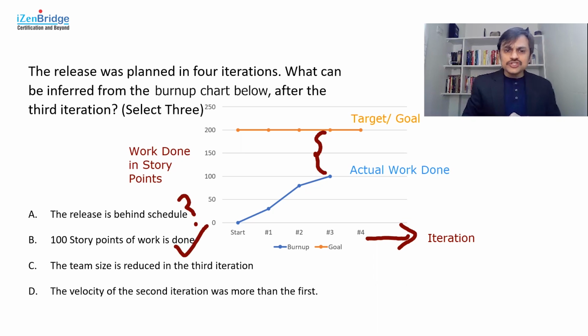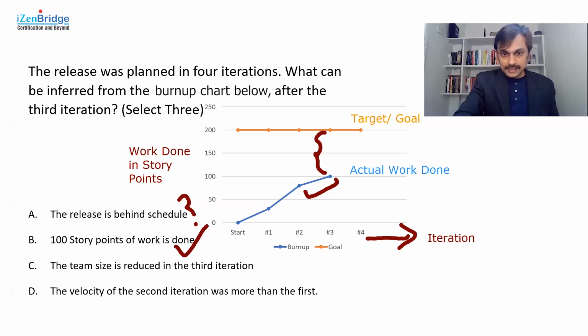The team size is reduced in the third iteration. I don't know. This graph does not say anything about team size. What I can see here is that there seems to be a decline in the velocity in the third iteration.